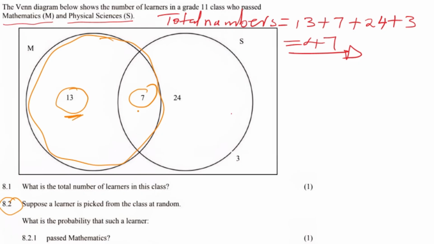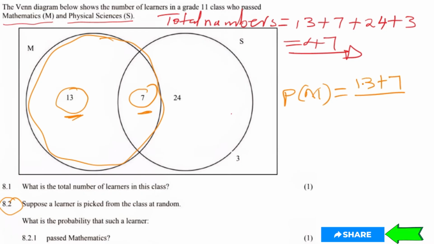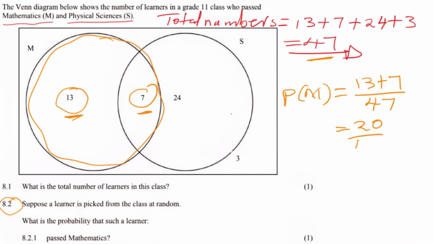So we need to add these two, because even the ones that passed both did pass mathematics. So the probability of the learners who passed mathematics will be 13 plus 7, all divided by the total number, which is 47. So we have got 20 over 47, or in decimal form, 0.43.